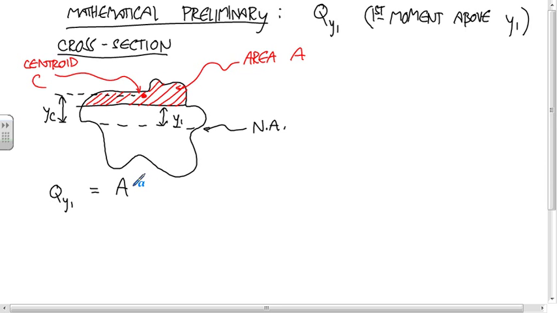It's a little different from the parallel axis theorem, which has the y thing squared, but same idea. So if you picture whatever your y1 value is, if you shade that region, you're just multiplying the distance to the centroid times the area.